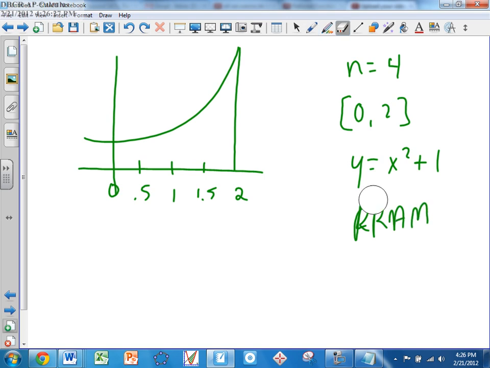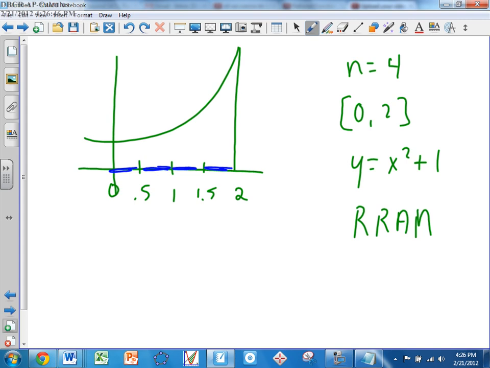Let me just redo that. RRAM. Okay, RRAM. So, in this one, I have 4 rectangles still: 1, 2, 3, 4. How do I have 4 rectangles? Because n was equal to 4.